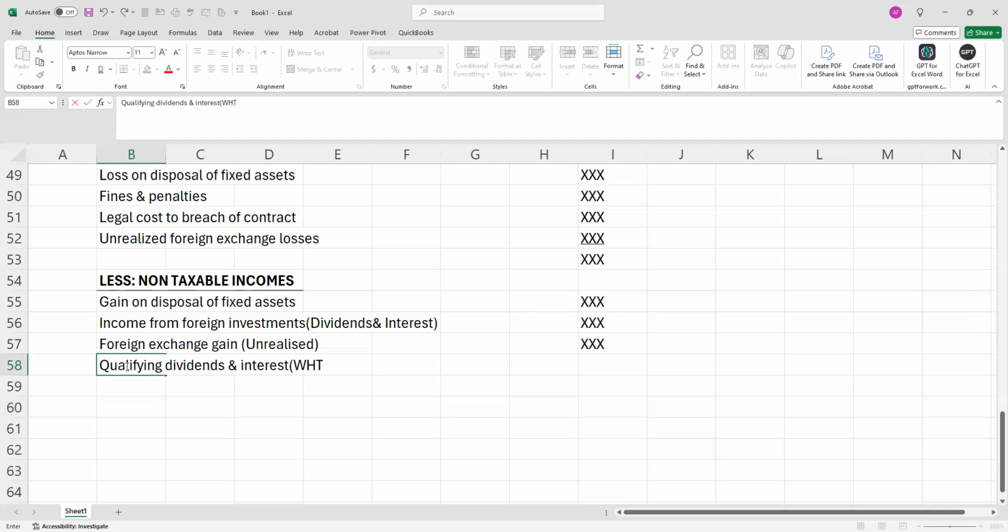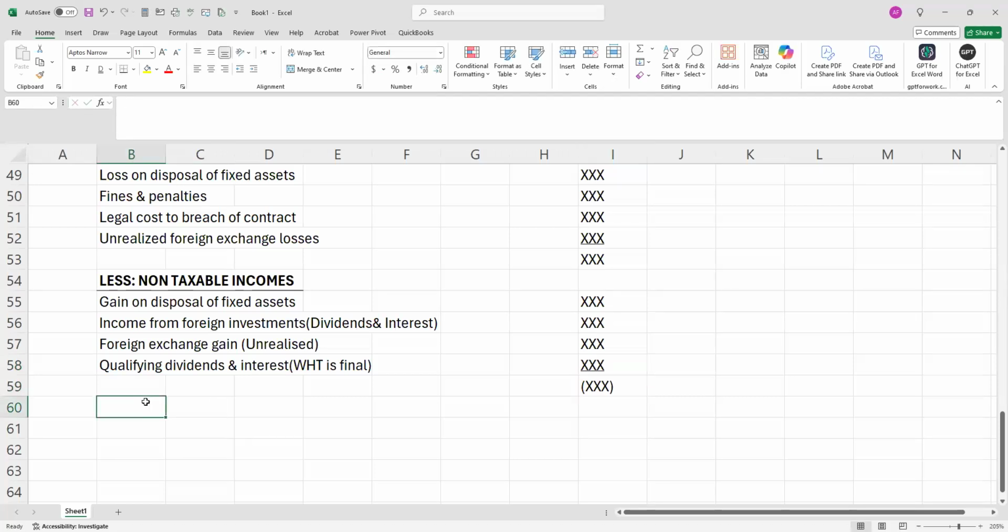So therefore, they're not supposed to be aggregated with other income. If they were included, kindly consider the same. And any other non-taxable income that Mwalimu shared with us, we have to consider at that point.